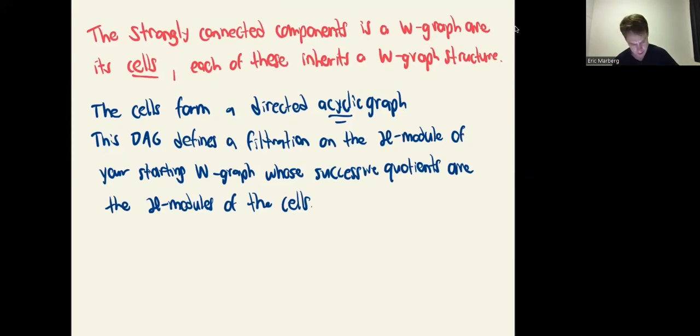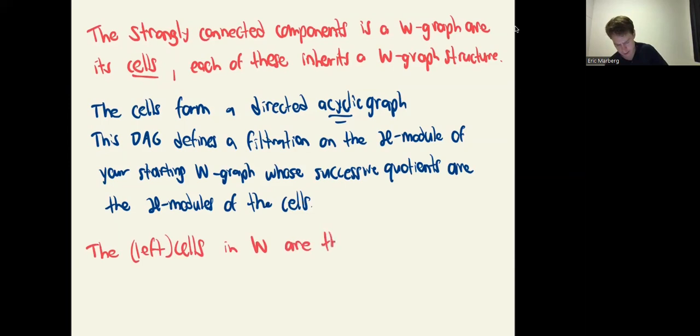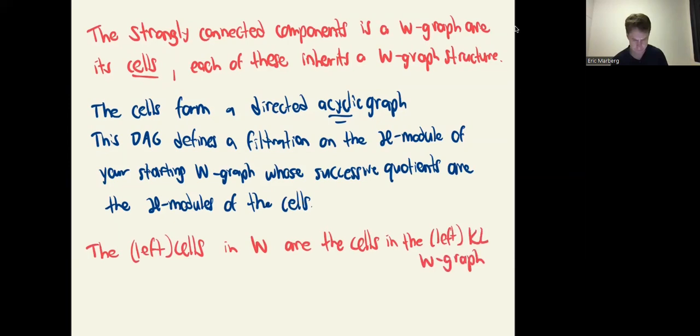And then in general, when we talk about the left cells in W, these are just the cells in the left Kazhdan-Lusztig W graph.